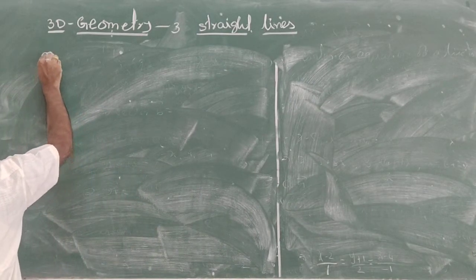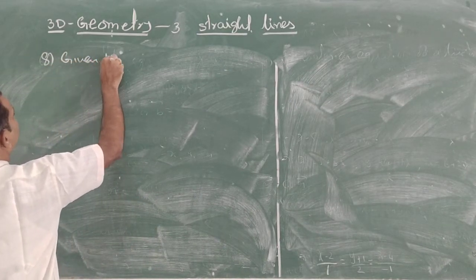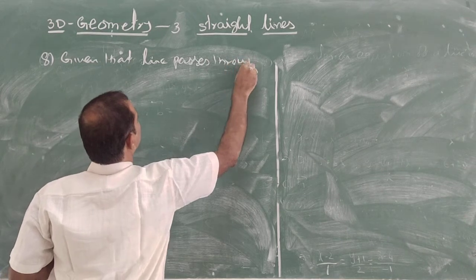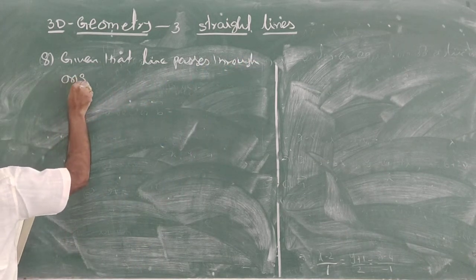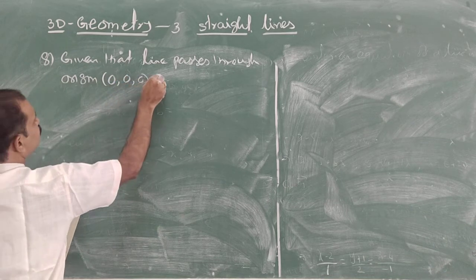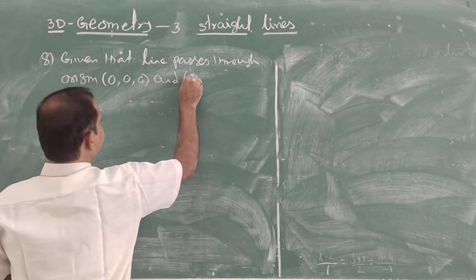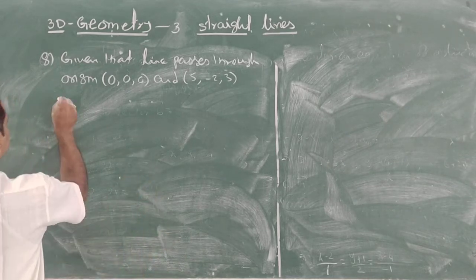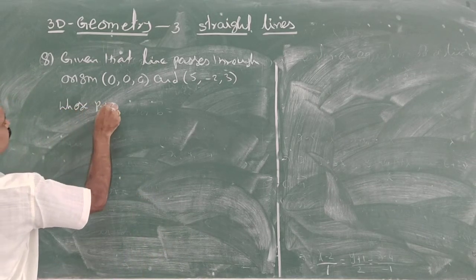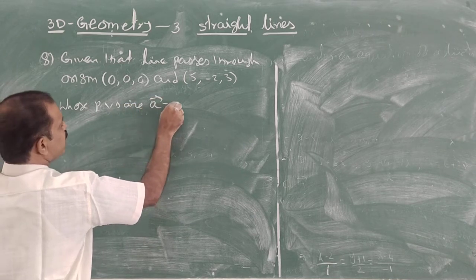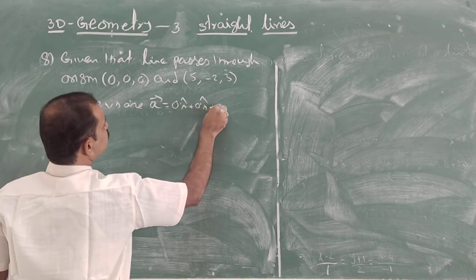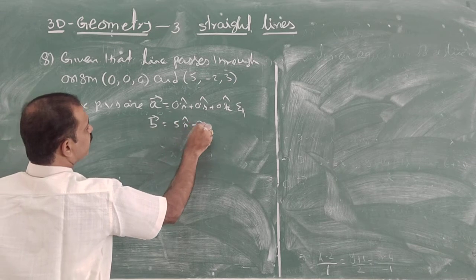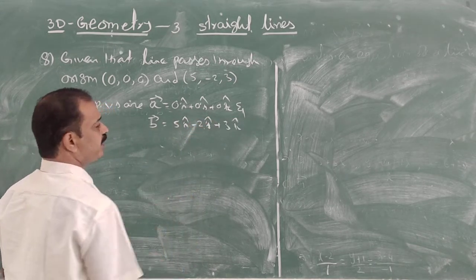So the eighth one is given that the line passes through the origin 0, 0, 0 and another point 5, minus 2, 3, whose position vectors are a is equal to 0i plus 0j plus 0k and b is equal to 5i minus 2j plus 3k.